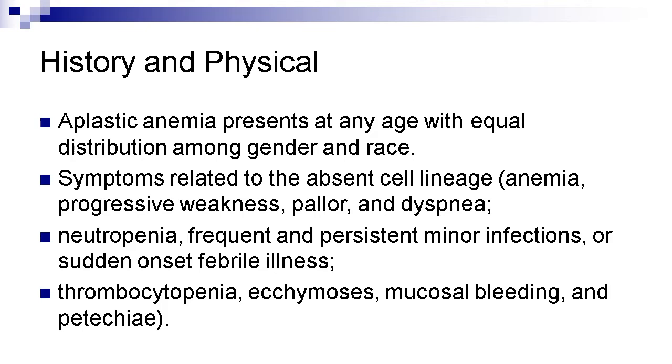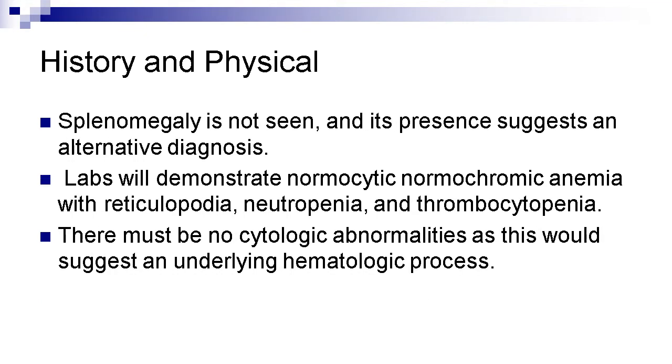If the platelets are very low, the patient will present with subcutaneous bleeding manifested as ecchymosis, mucosal bleeding, and petechiae. Characteristically, splenomegaly is not seen, and its presence suggests an alternative diagnosis.